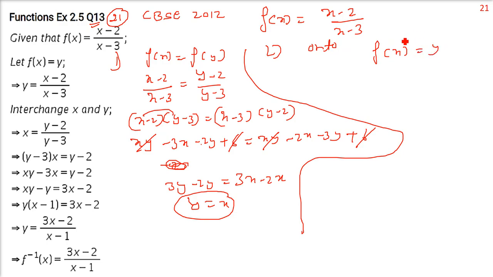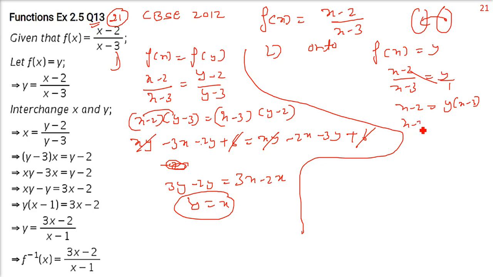In order to do onto, f(x) equals y, we have to do. So f(x) equals y. We want to prove that every value of the second set has a pre-image; no value of the second set is remaining. You just cross multiply here. You get x minus 2 equals y into (x minus 3), so x minus 2 equals xy minus 3y.